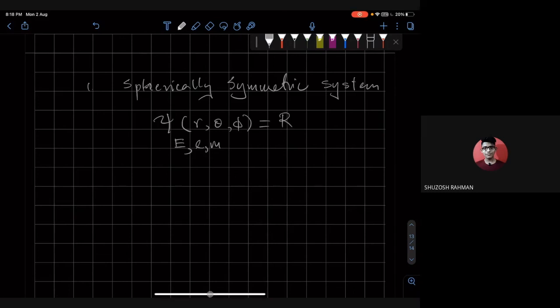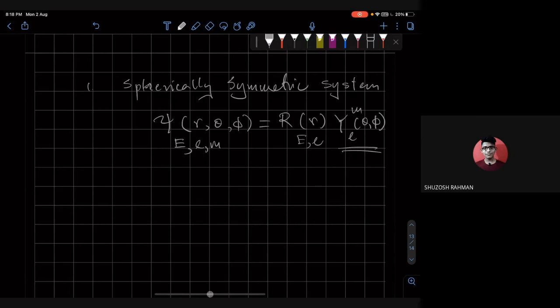One is a radial wave function. And in the next lecture, we'll see that its quantum numbers are the energy and the total angular momentum. And then an angular part, which is Y_L^m, and it's called the spherical harmonics.